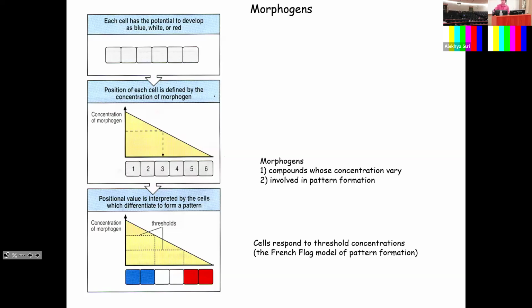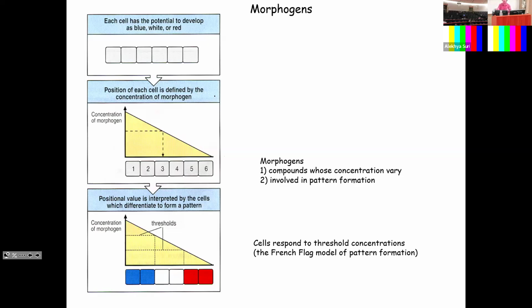So the gradient now becomes something essential for this molecule because the system recognizes the concentration of this protein. And it says, less than this concentration, it's going to turn into blue. A little bit more of the concentration of this molecule will turn into white, and a little bit more will turn into red.